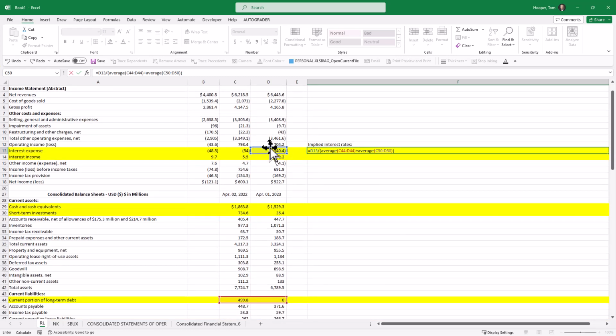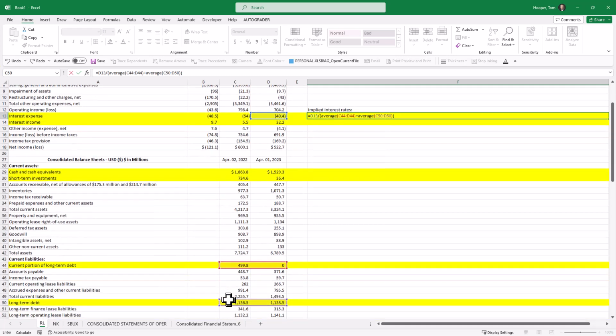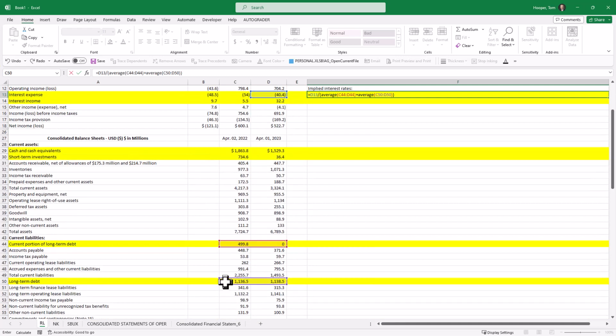Very important that on the income statement, since it covers all 12 months, it took us 12 months to have to pay that 40.4 million in interest. And we came into the year with about 500 in debt plus 11. So we came in with about 1.6 billion in debt and then left the year with about 1.1 billion in debt.